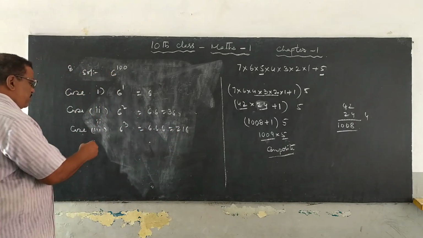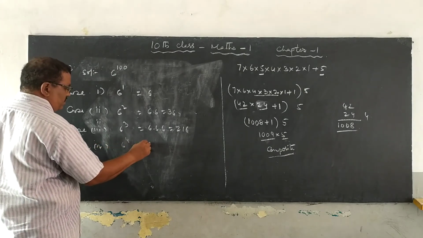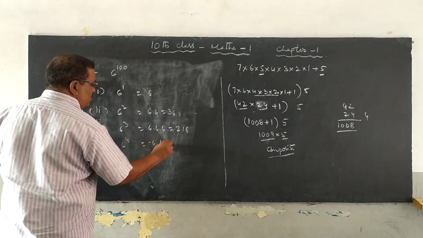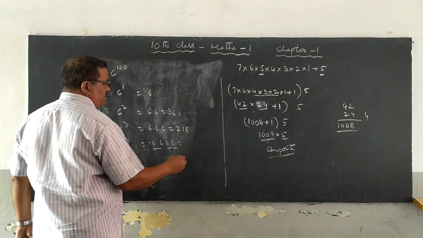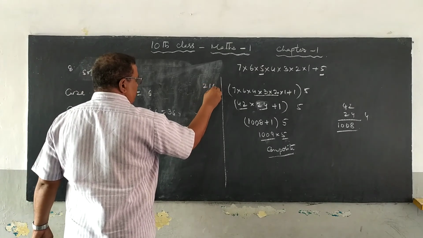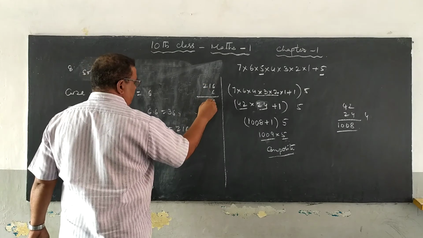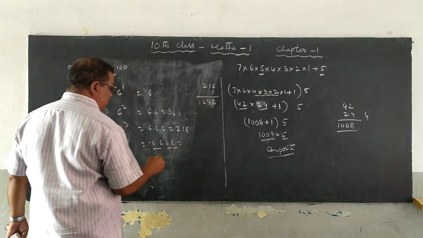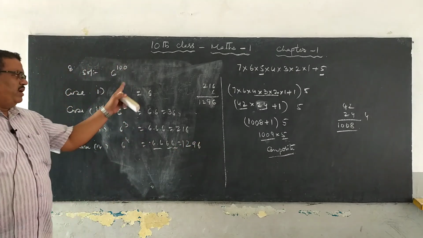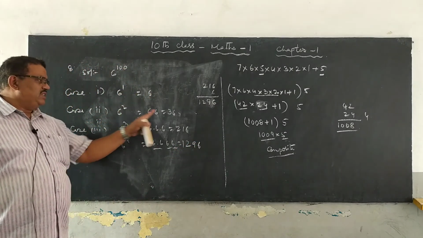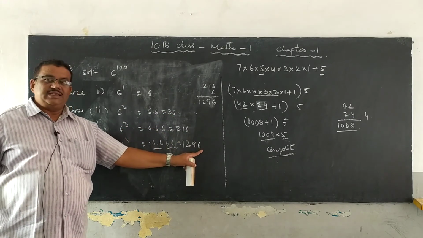Case 4: 6 power 4, 6 into 6 into 6 into 6, 36 into 36, that is 1296. So 6 power 1 is 6, 6 square is 36, 6 cube is 216, 6 power 4 is 1296.